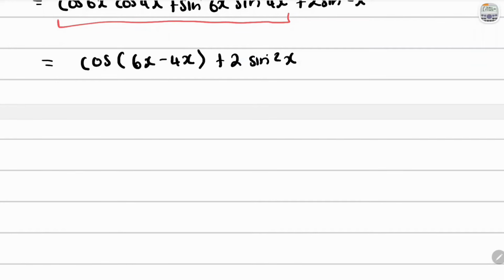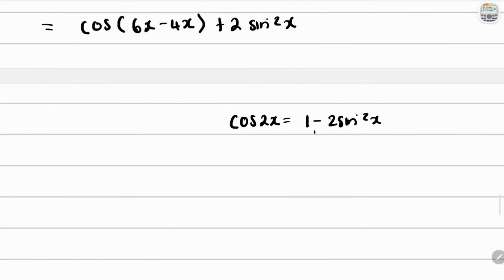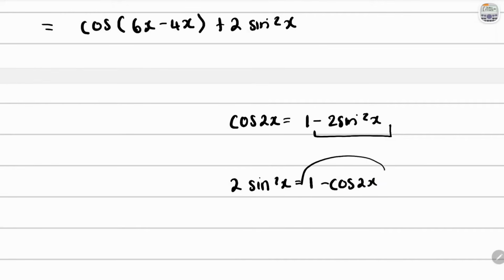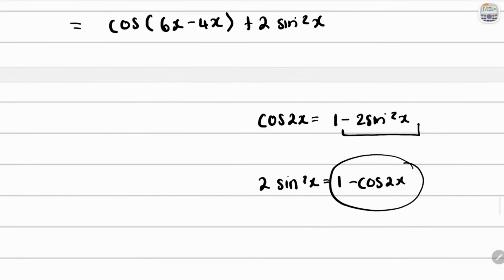It is included in one of the double angle expansions, and that's cos 2x is equal to 1 minus 2 sine squared x. Now, we can actually just make this the subject, but you might as well transpose it so it becomes positive. So it's now positive 2 sine squared x is equal to 1 minus cos 2x.